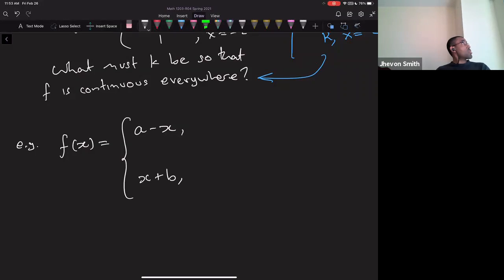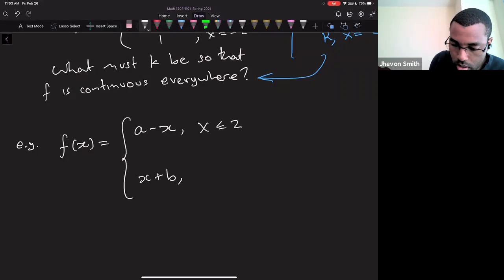Let's see, what would be a nice one? Say a minus x if x is less than or equal to 2, and x plus b if x is greater than 2. And I can ask, I don't know, I'm making up a random value, so it probably doesn't have an answer. I think it has an answer though.